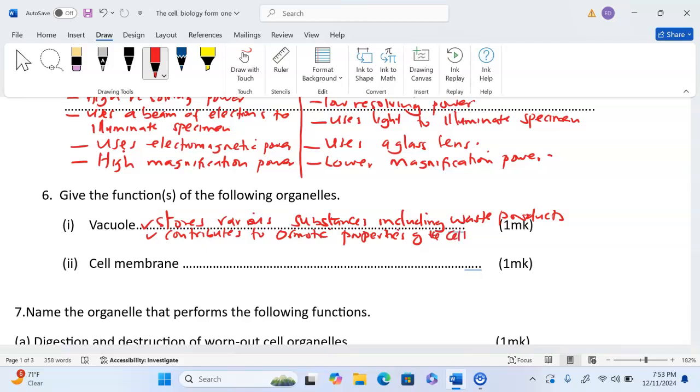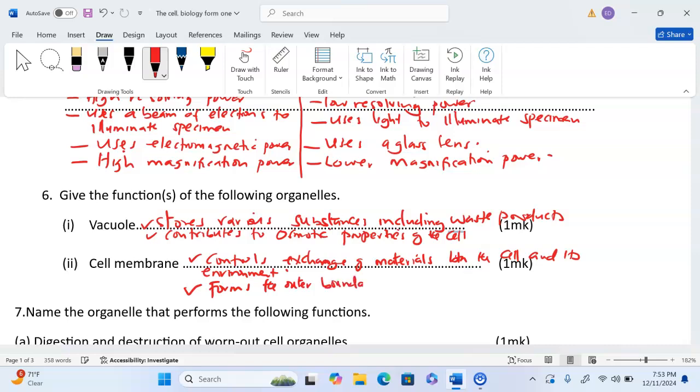We have Roman 2, the cell membrane. 1, controls exchange of materials between the cell and its environment. Number 2, it also forms the outer boundary in an animal cell.